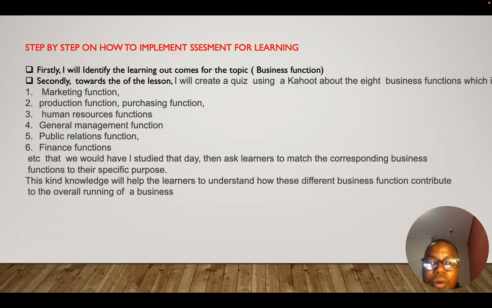For example, marketing function, production function, human resources function, general management function, public relations function, finance function, etc. That we would have studied that day. Then ask the learners to match the corresponding business functions to their specific purpose.